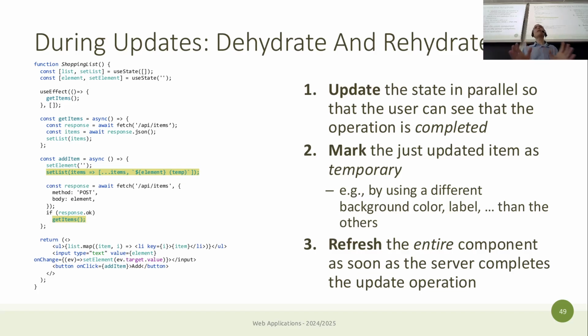It's up to you to decide what is reloaded, what is not, and also it depends a lot on the context, on the logic of your application. If you don't care if somebody else has modified other items in the list, probably it's not needed. You don't need to reload all the other items in the list. If it's like the map of seats I was telling you before, you would like to have the updated map, of course, so reload the entire map.